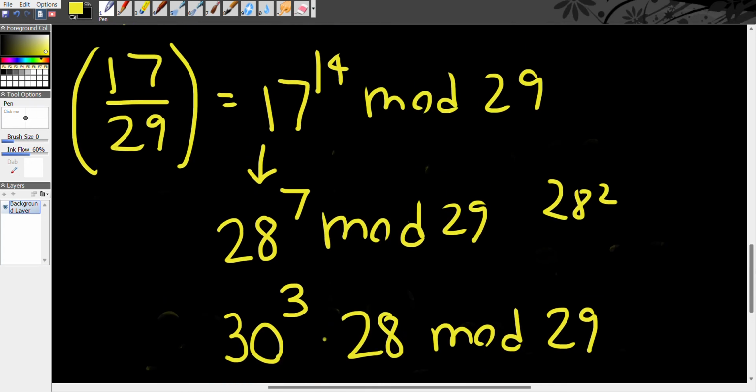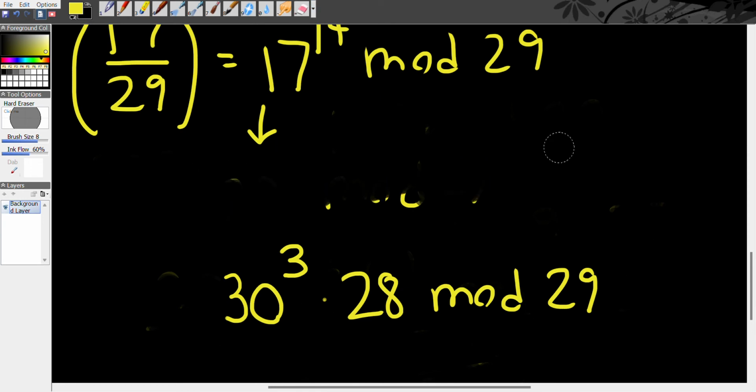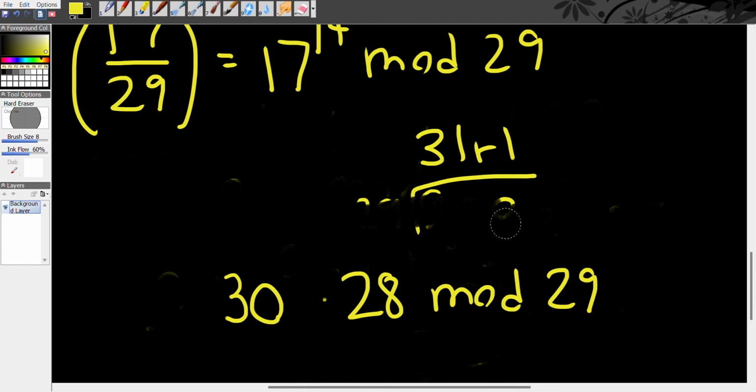Now what I have to do is calculate 900, which is 30 squared, divided by 29. 3 is 87, 30, so this is remainder 1. This means that 30 squared becomes 1, and all I have left is 30 by 28.